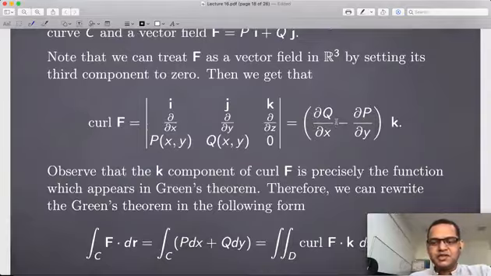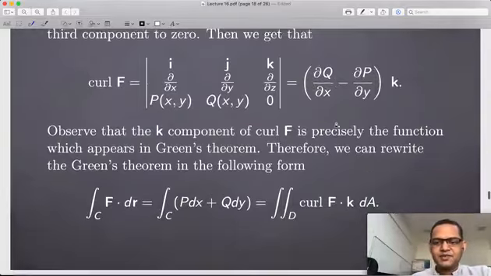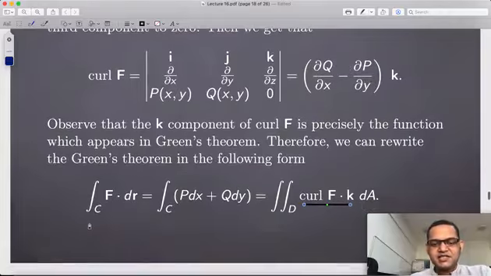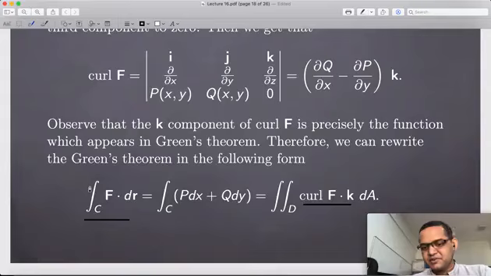So if you go back to the statement of Green's theorem, then the right hand side is nothing but this. So I can rewrite that quantity in terms of curl f and the dot product with k, correct? Because this is the component function, isn't it? And this tells me that the line integral of the vector field, this is the line integral of the tangential component, if you remember, is precisely the double integral of the kth component of curl f.